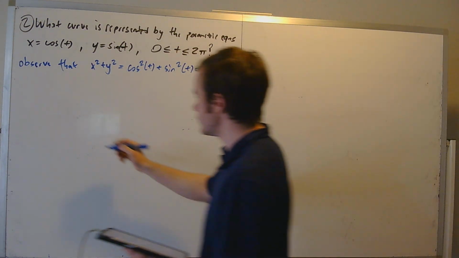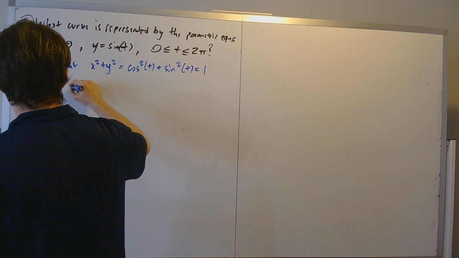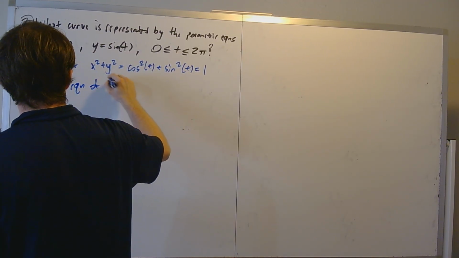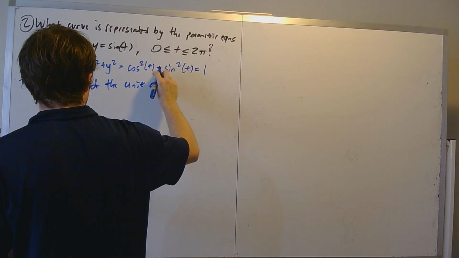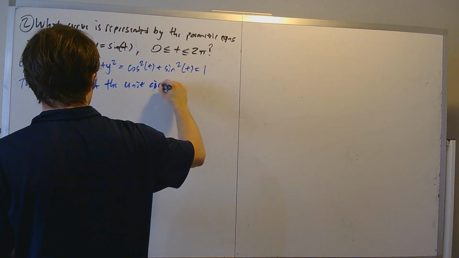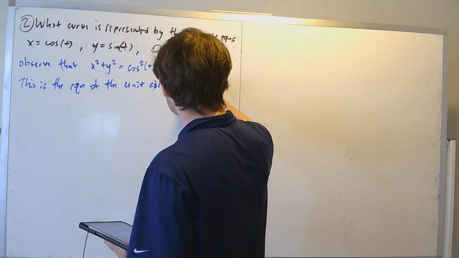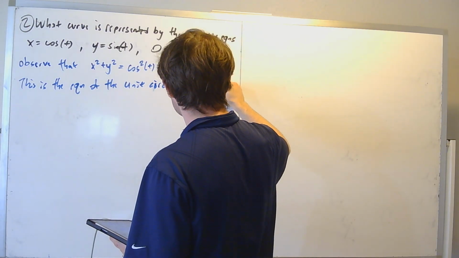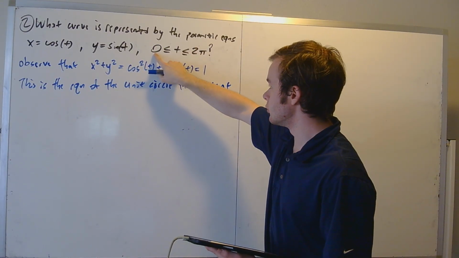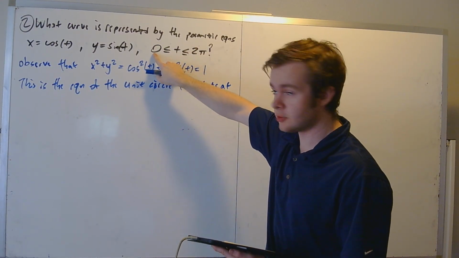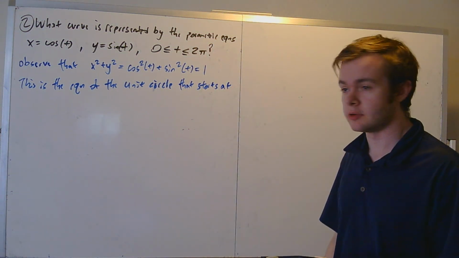Okay, so this is the equation of the unit circle that starts at, right, so remember what I said here, you plug in the left endpoint for t, you plug in t equals 0 into both of these to figure out the x and y coordinates at the start.